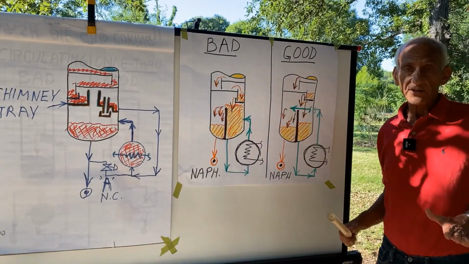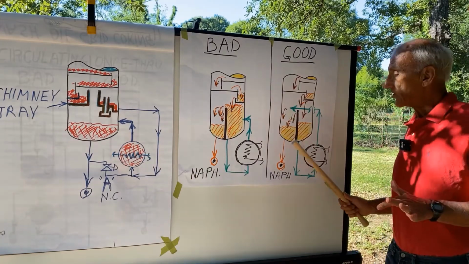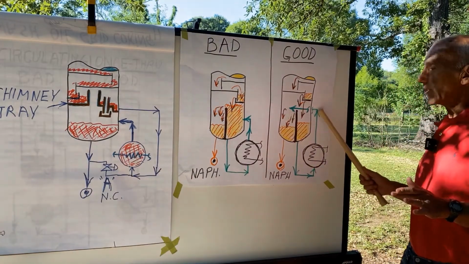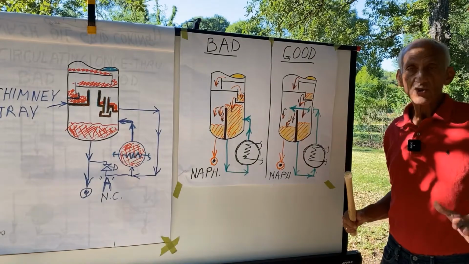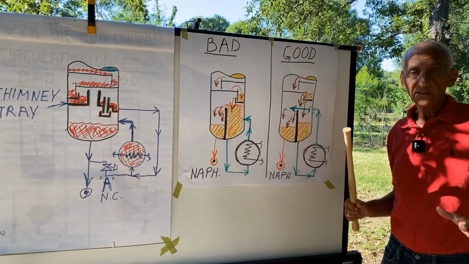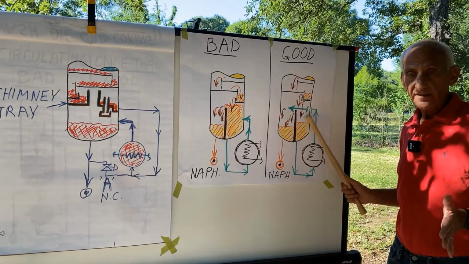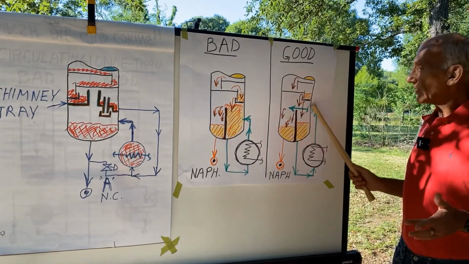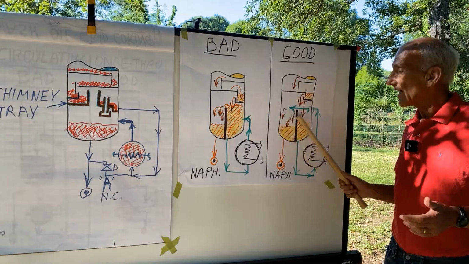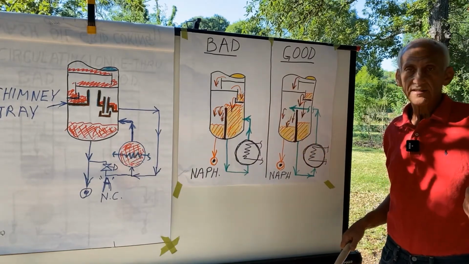What's the right way to do it? The right way is to take the reboiler return and return it totally and completely, not to the cold side from whence it came, but entirely onto the hot side, onto the product side.